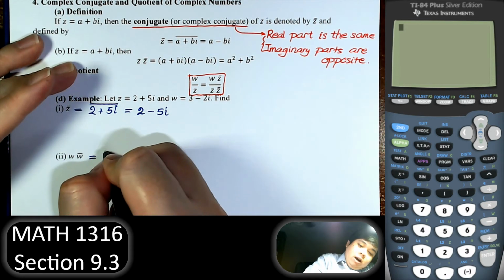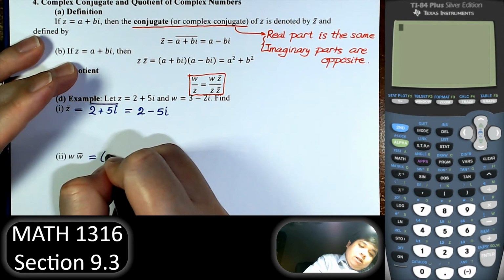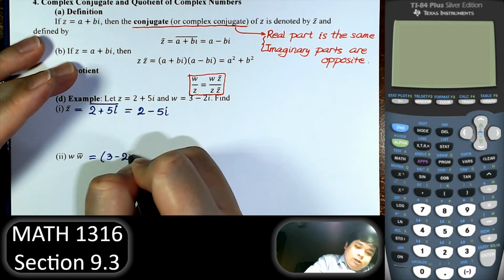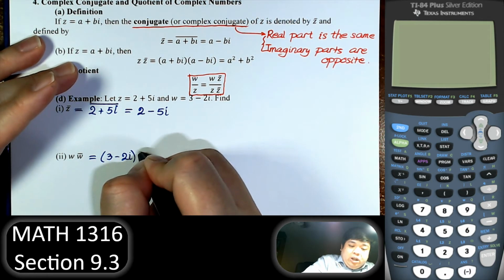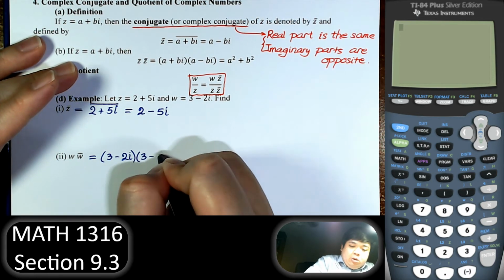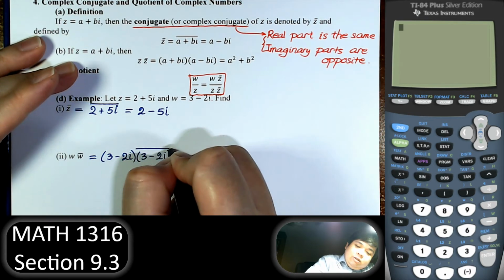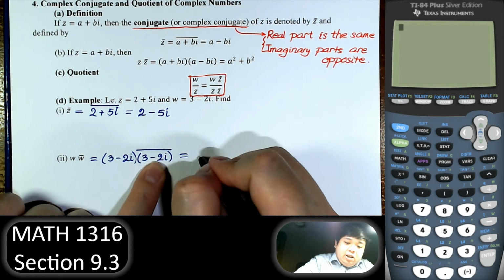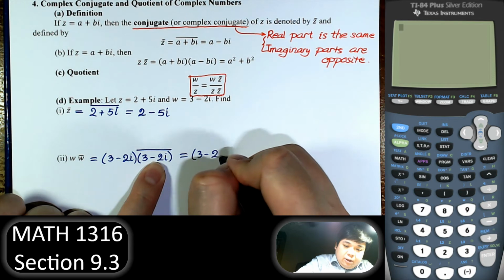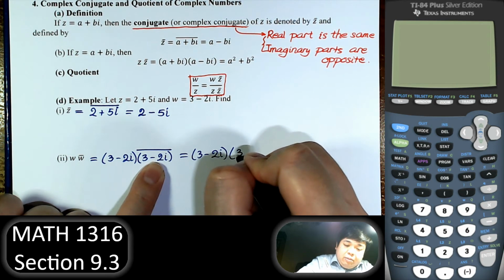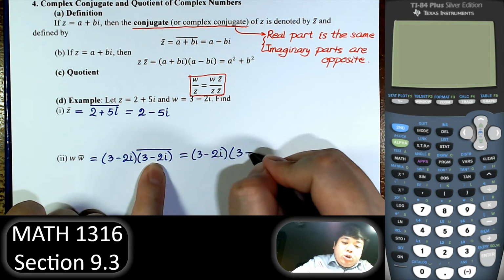So we have 3 minus 2i, and the conjugate is 3 plus 2i, but I'm just going to put this for now. Conjugate of this: the real part will stay the same, the imaginary part we change the sign.